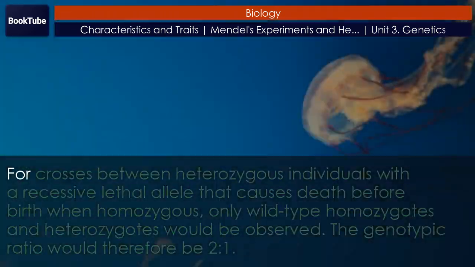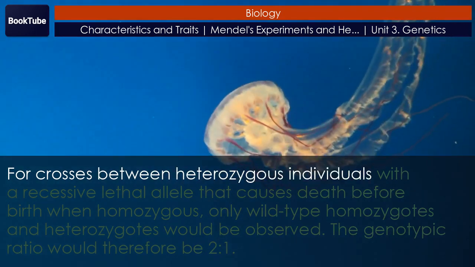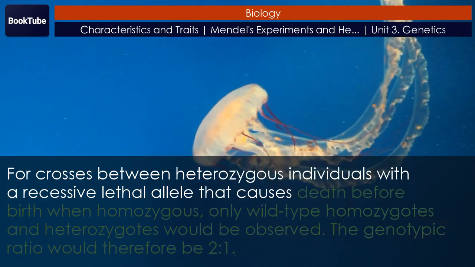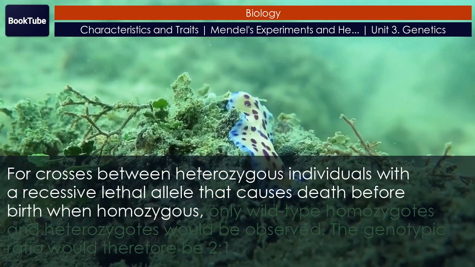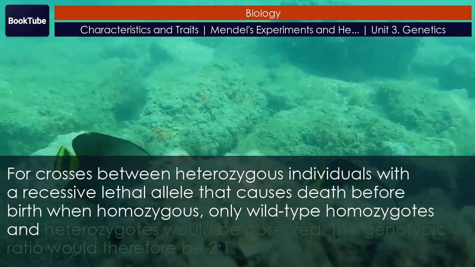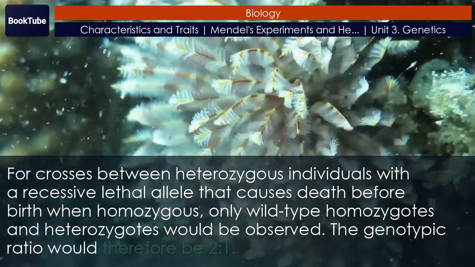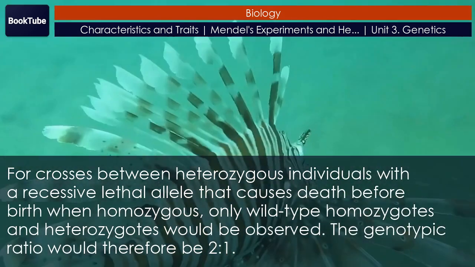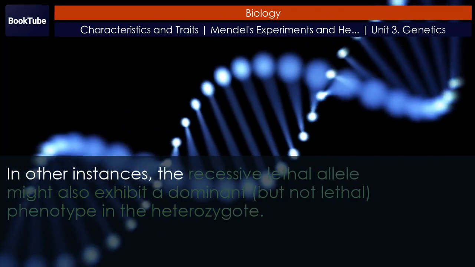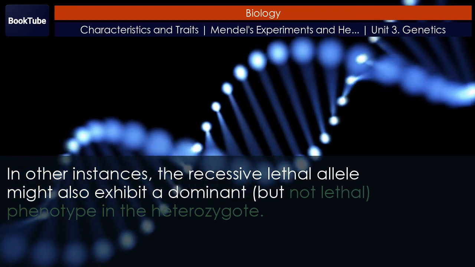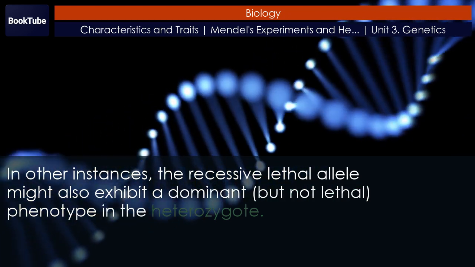For crosses between heterozygous individuals with a recessive lethal allele that causes death before birth when homozygous, only wild-type homozygotes and heterozygotes would be observed. The genotypic ratio would therefore be 2:1. In other instances, the recessive lethal allele might also exhibit a dominant, but not lethal, phenotype in the heterozygote.